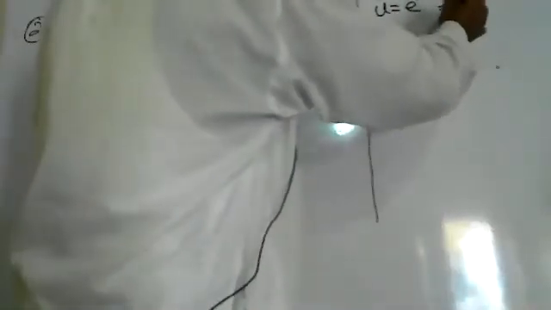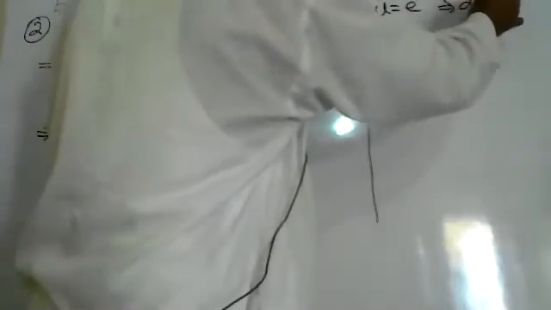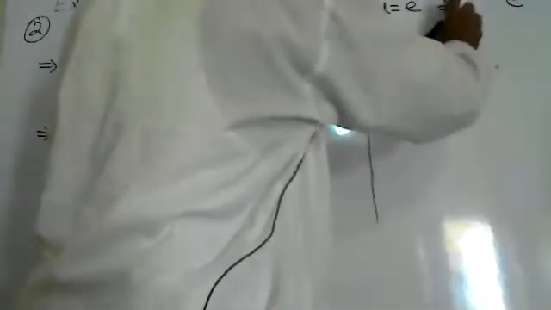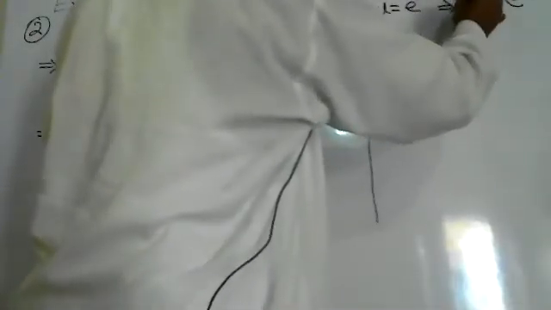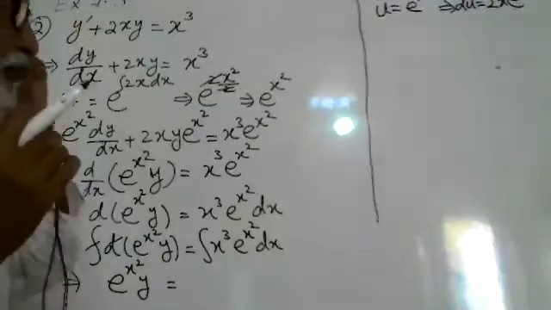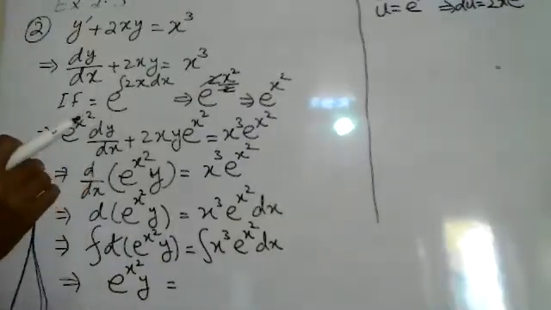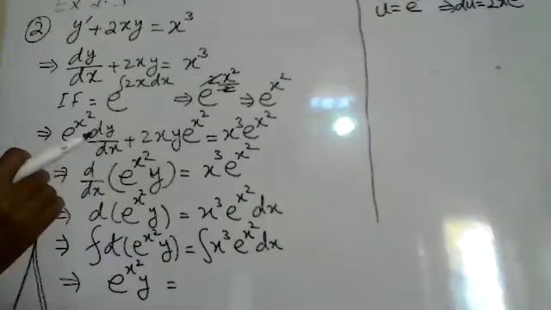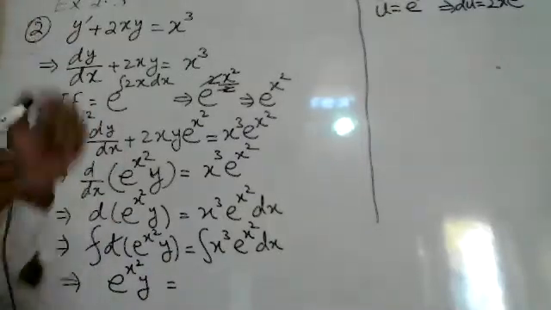So derivative du will be equal to e raised to power x square into derivative of x square, that is 2x. U is equal to e raised to power x square and du will be equal to 2x e raised to power x square.